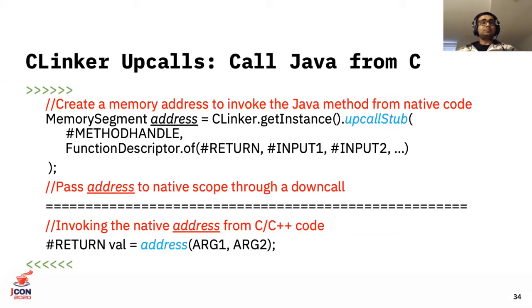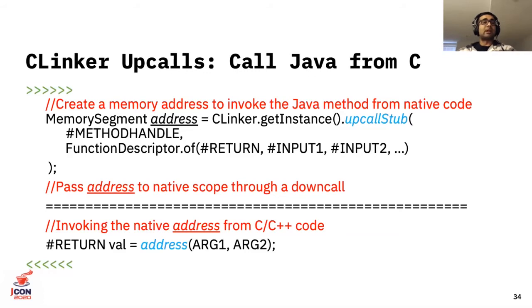The return type is going to be a memory segment, which is going to be the address to the native wrapper that will invoke the Java method from the C code. The memory segment needs to be forwarded to C code, where it will be invoked with the appropriate input arguments. The forwarding is done through a down call, which we had seen in the previous slide.